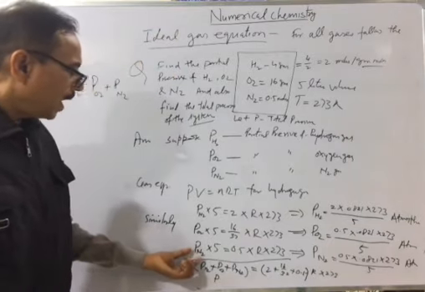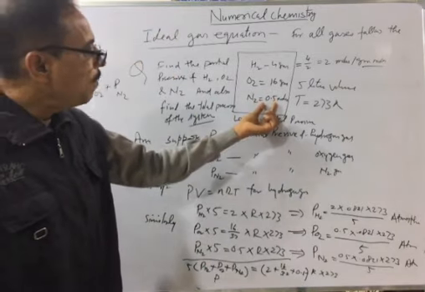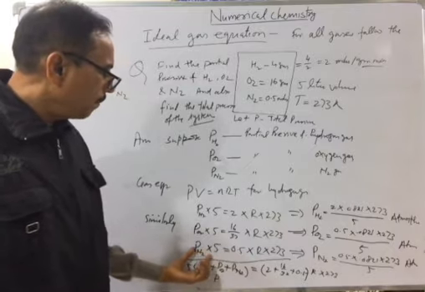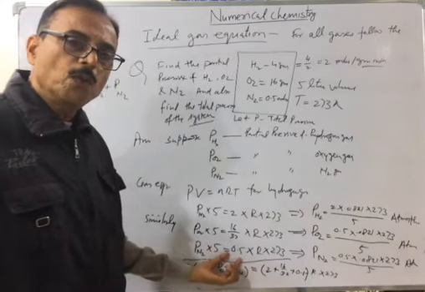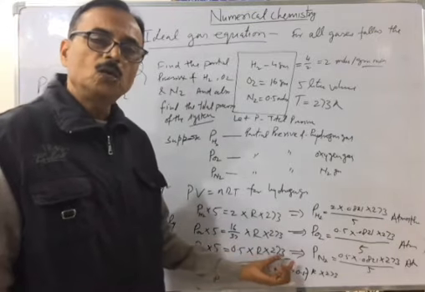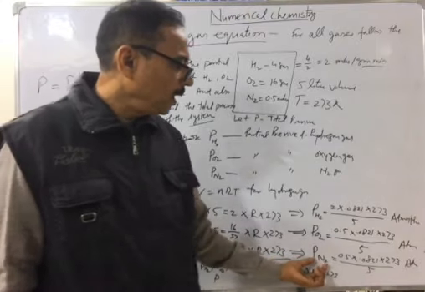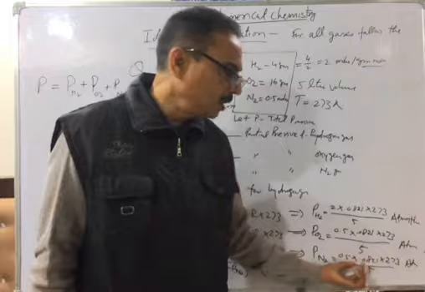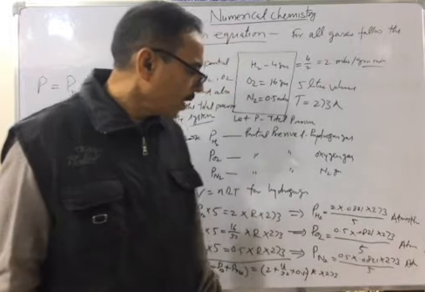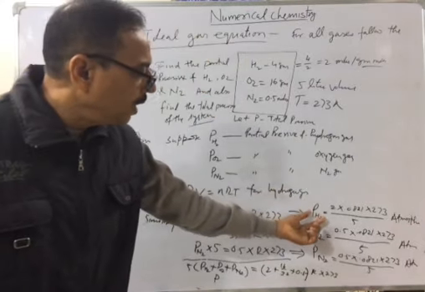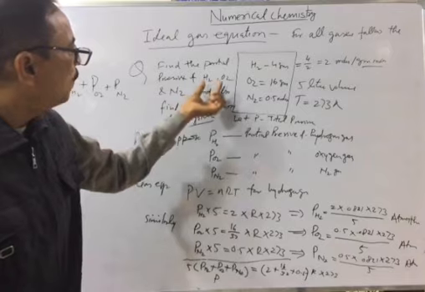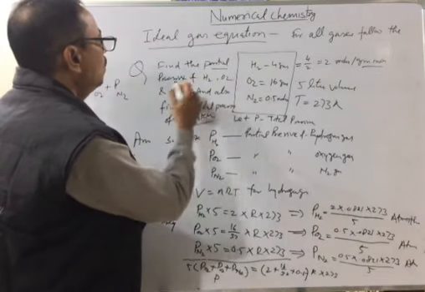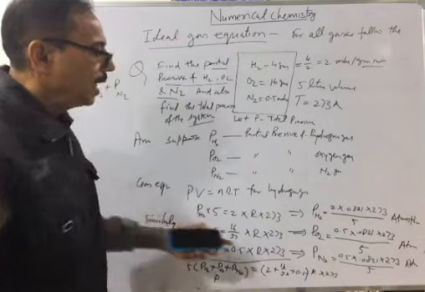Similarly, for nitrogen, 0.5 mole is directly given, so PN2 into 5 equal to 0.5 into R into 273, then PN2 will be 0.5 into 0.082 into 273 divided by 5. So simplified, you will find the partial pressures of hydrogen, oxygen and nitrogen.